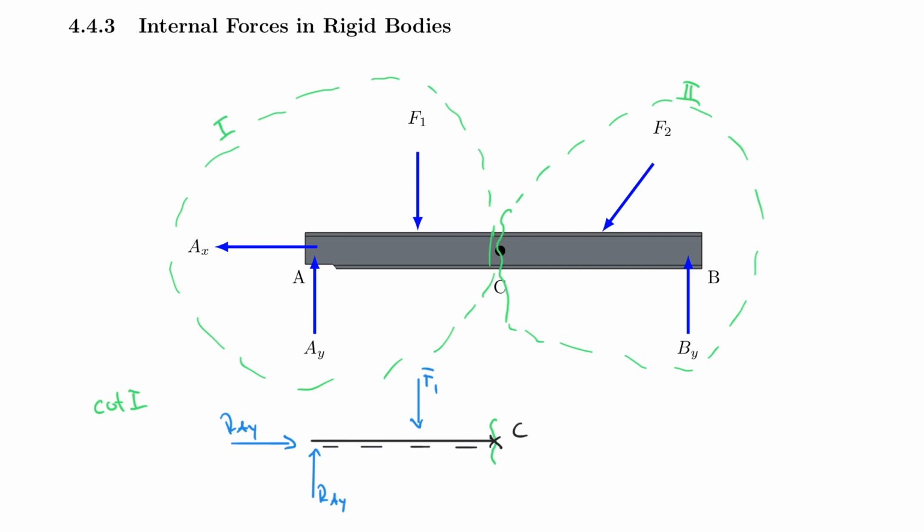And the trick that engineers use now is, hey, what happens if I take that away? So the forces that I take away are the ones that you have seen before. I have a vertical force, I have a horizontal force, and I also have a rotation.